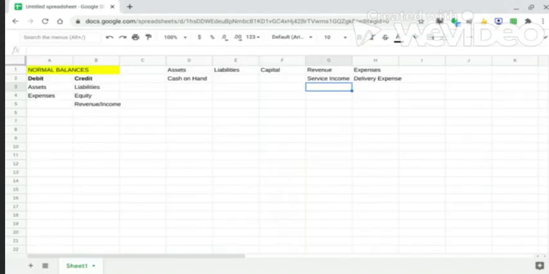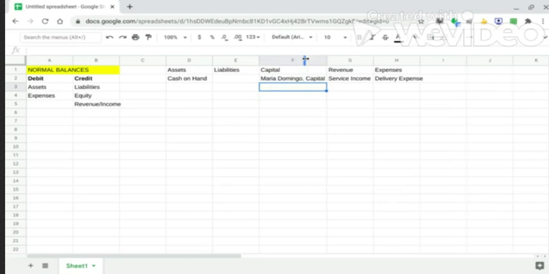So kapag mga ganoong transactions, na involved yung investment ni owner doon sa business, capital lagi yan. Equity related transaction yan. So si Maria Domingo, capital, dito siya sa capital of course.